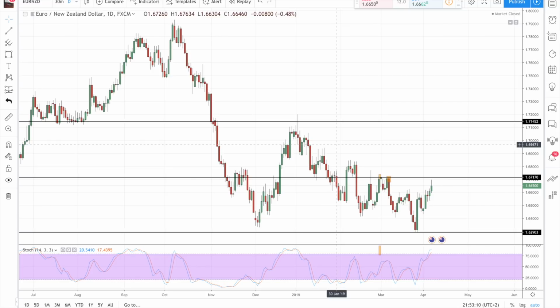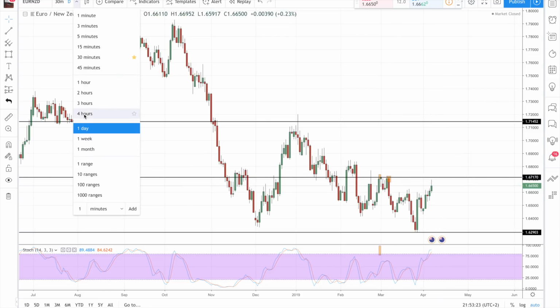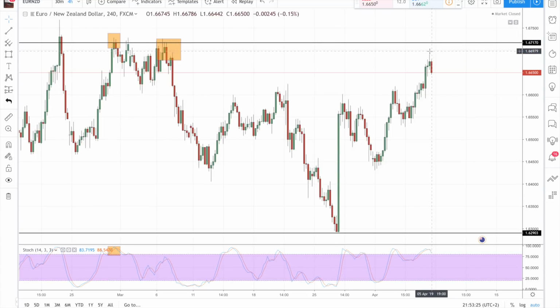Now what do we see? We have EUR/NZD, which is an interesting pair, but nothing to trade at the moment. It touched the resistance barely. We can go to the 4-hour chart. It was very near, so you see around the level of the previous candle, and it was overbought, and that's why it's dropping.